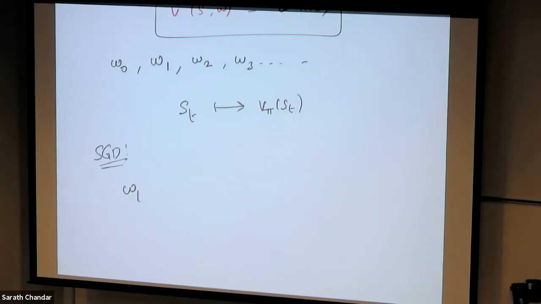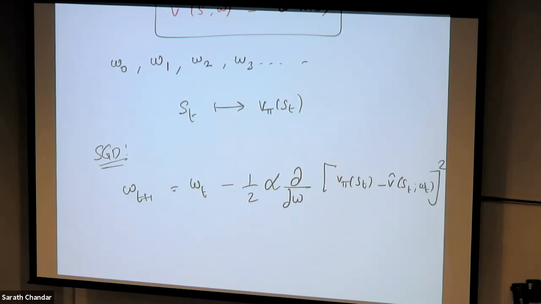Wt plus 1 is equal to Wt minus 1 over 2 alpha dou by dou W of V pi of st minus V of st given Wt. Is that clear?